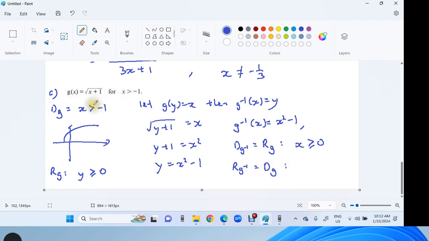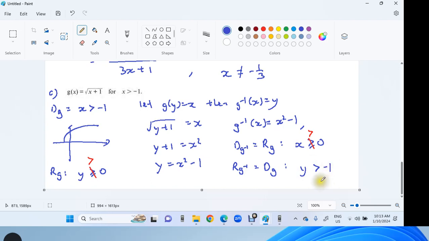So the domain of g is greater than negative 1. Wait, just now this one doesn't have equal. So we don't have an equal here, so this is greater than. So the range of g inverse is y lah, y is greater than negative 1.